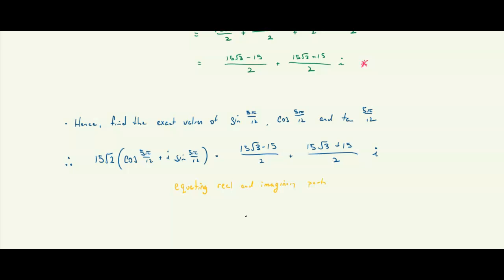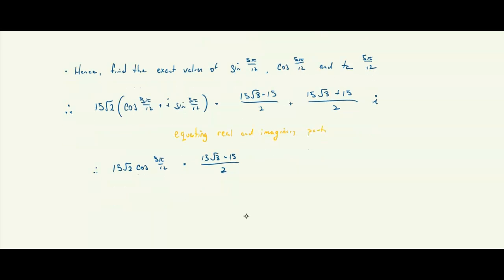What we'll end up with is the real part over here is 15 root 2 cos 5 pi over 12. That's going to equal the real part on the right hand side, which is 15 root 3 minus 15 over 2. So we end up solving this.